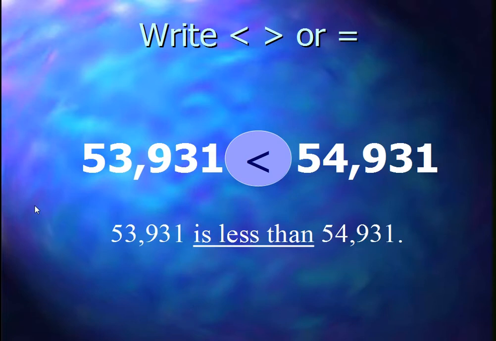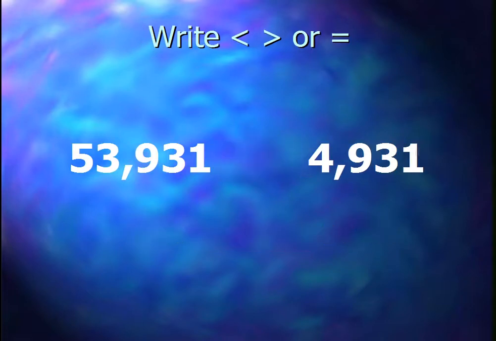Okay, and we will have plenty of practice reading these kinds of comparisons. You guys will probably be wanting to say 54,931 is greater than, but we read comparisons from left to right just as we would read a sentence in your book. So make sure you write that down in your notes. Pause and go back if you need to.